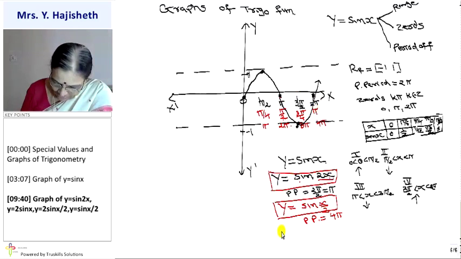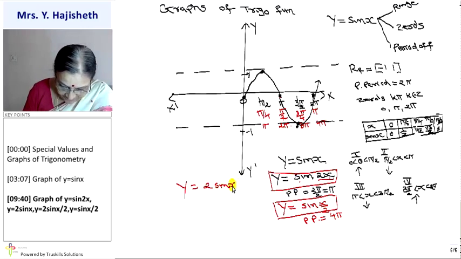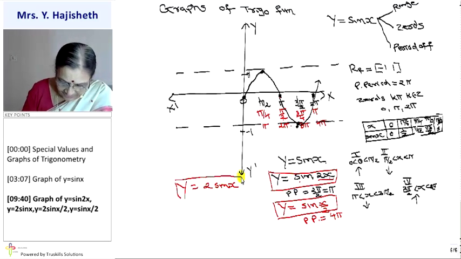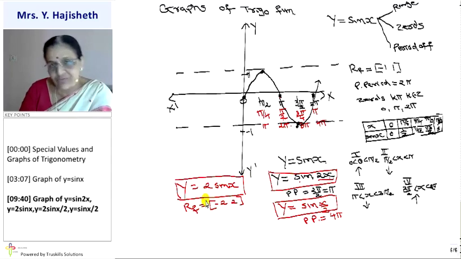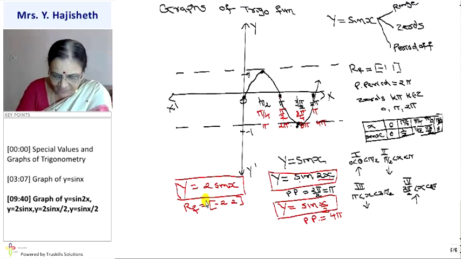Now suppose I want to construct the graph of y is 2 sin x. Then I am not supposed to change the domain. I have to change the range. Range of this function is the closed interval -2 to 2. Domain will remain the same, period will remain the same, zeros remain the same. So what change for this graph?